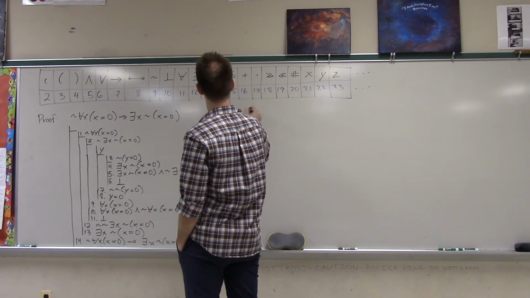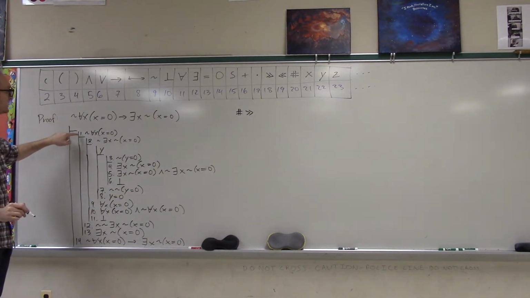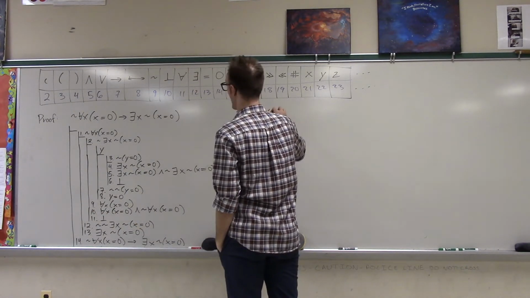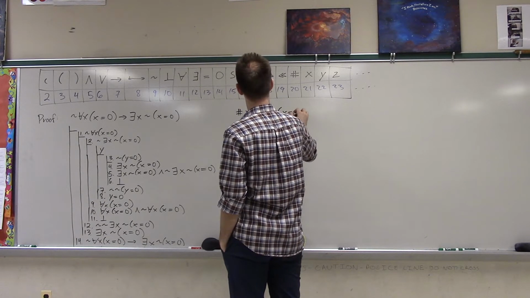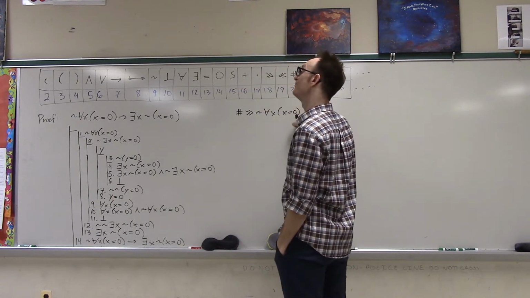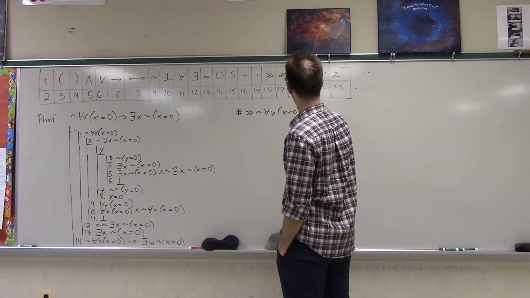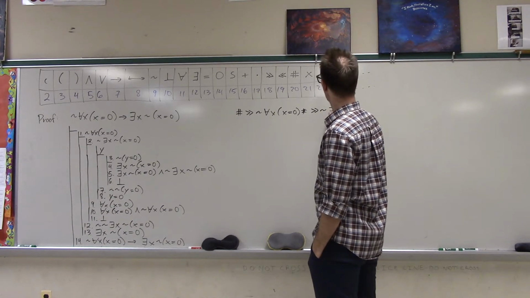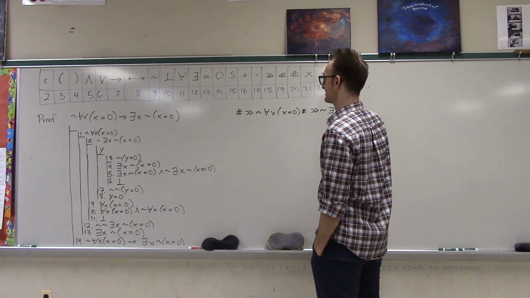But it's new line, tab in, skipping the numbering also. And then it's just not for all x, paren x equals 0. Followed by new line, tab in, not, there exists x, not, this is just ridiculous.